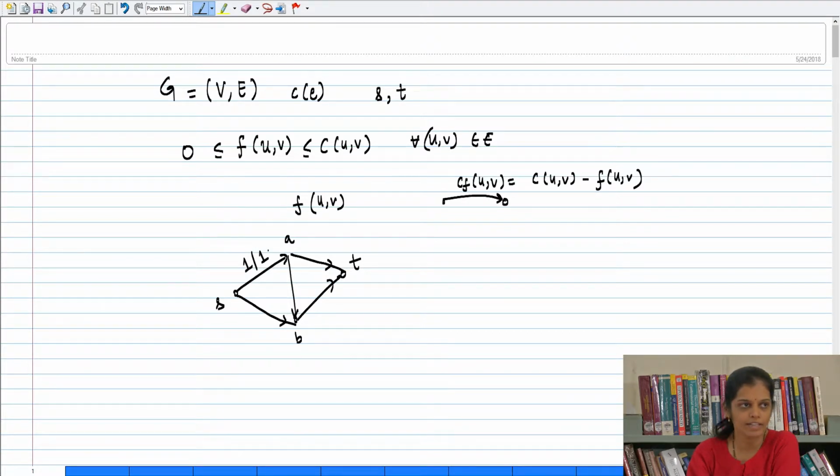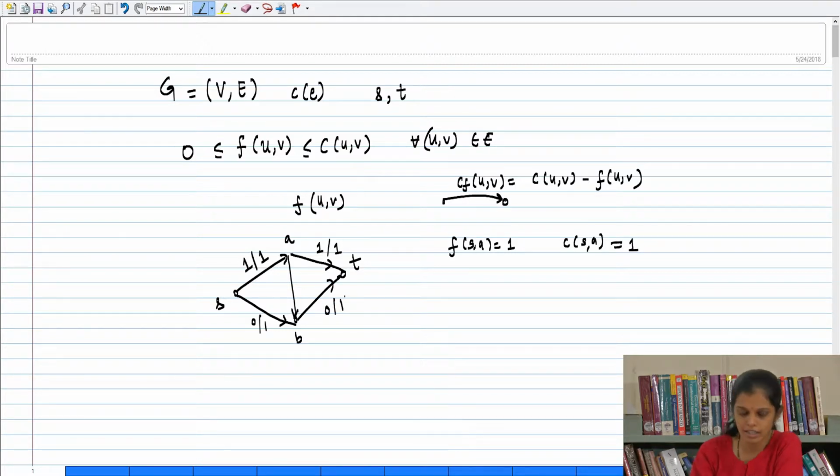So this 1 over 1 says that the flow f(S,A) is equal to 1 and c(S,A) equal to 1. The part after the slash says that this is the capacity. Similarly, maybe I sent 1 unit across this and 0 units across this, 0 units across this. So this could be the way I would have sent my flow. Is this a valid flow? This is a valid flow.